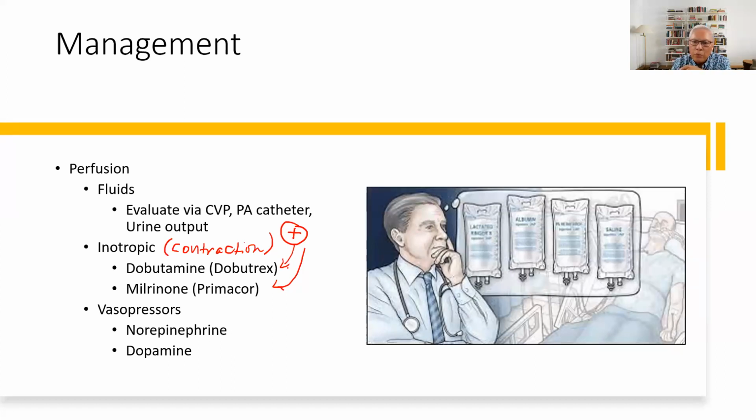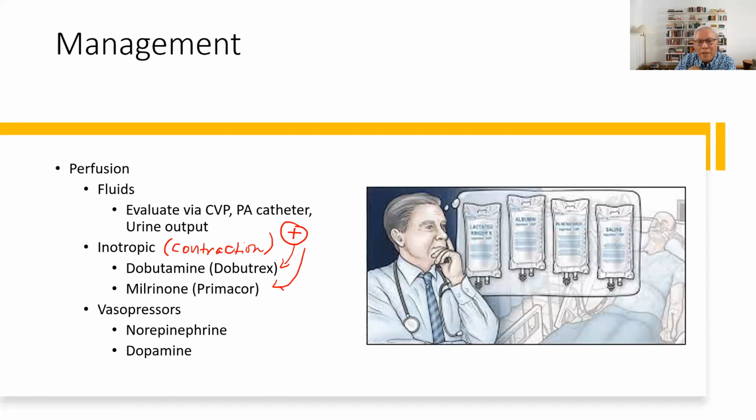Milrinone, which is also known as Primacor, is another inotropic agent that improves perfusion by causing vasodilation in the pulmonary bed, okay, only in the pulmonary bed. And therefore, these are going to be adjuncts to manage the perfusion of the patient.